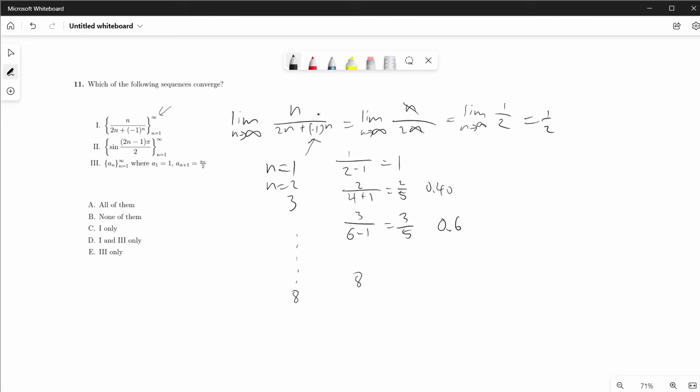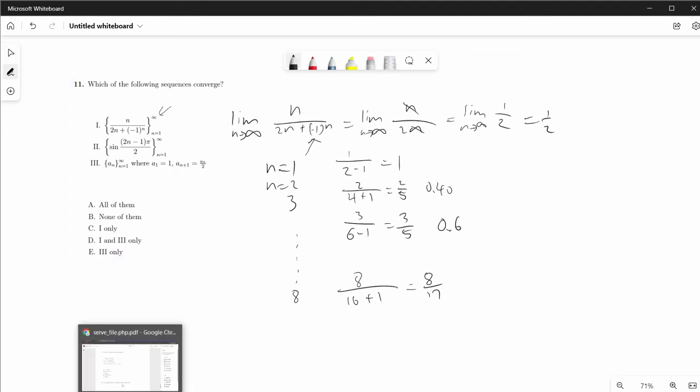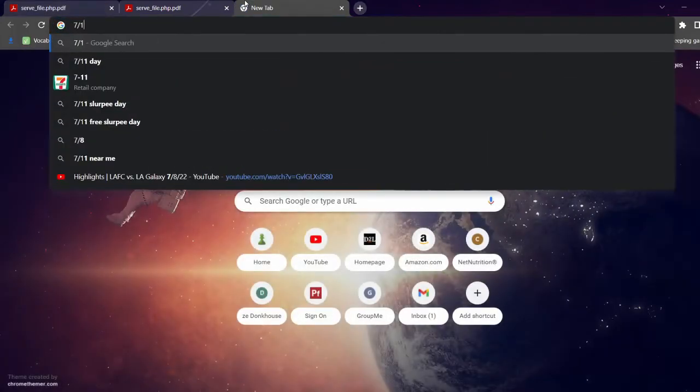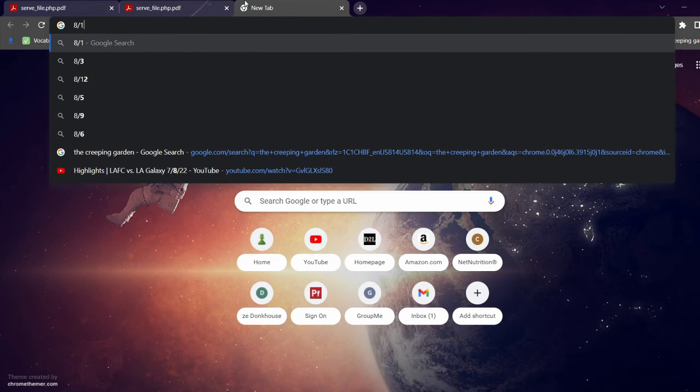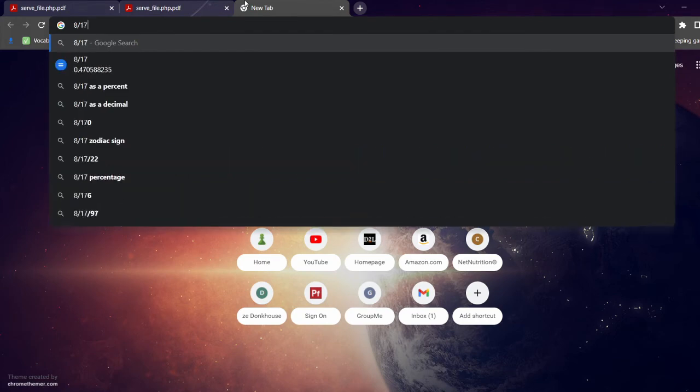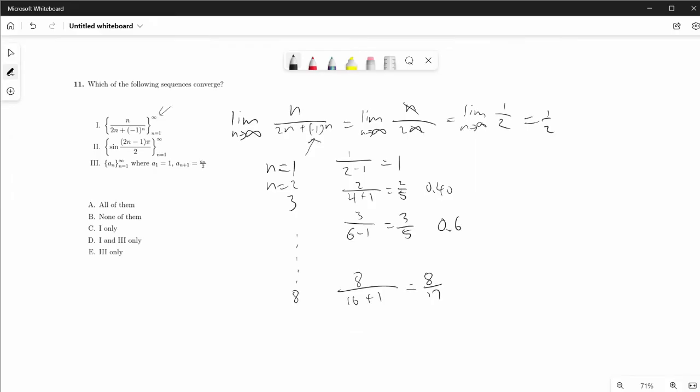So we have 8 over 16 plus 1, 8 over 17, which is just 0.47. That's getting really close. You can kind of tell if you write this whole thing out, it's approaching 0.5.